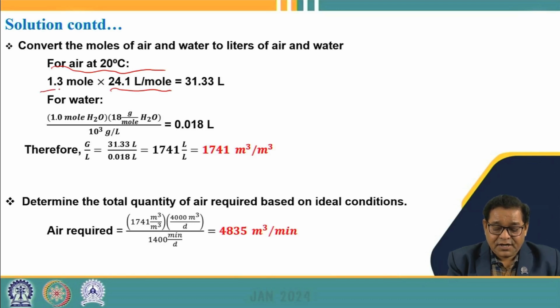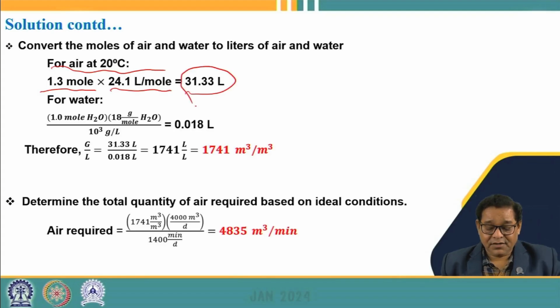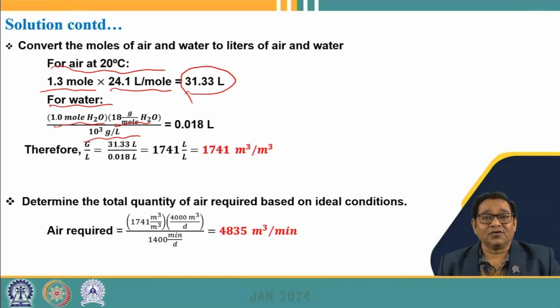So if we have 1.3 moles, this many liters of air will be required. And for water, 1 mole of water has 18 gram of weight. So we multiply by its molecular weight 18 and divide by 1000, to convert into liter, since the density of the wastewater is 1000 gram per liter.